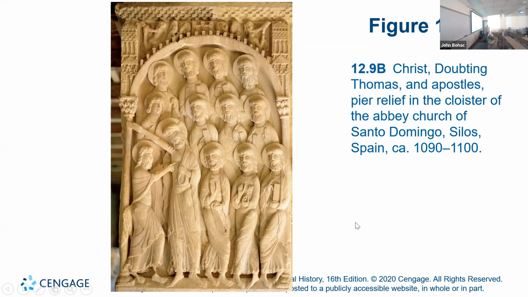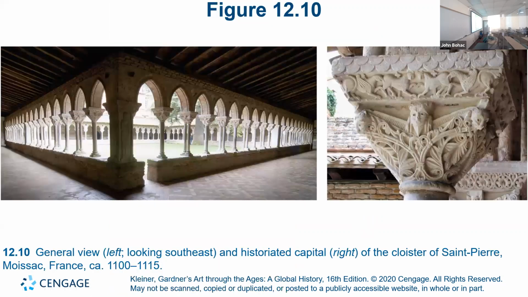And so, I'm gonna run this. This is more of that kind of decoration, historiated capital. And so kind of what that means is that instead of using a pattern or design that we saw develop in the Greco-Roman times with Ionic, Doric, Corinthian, they start to design their own capitals.